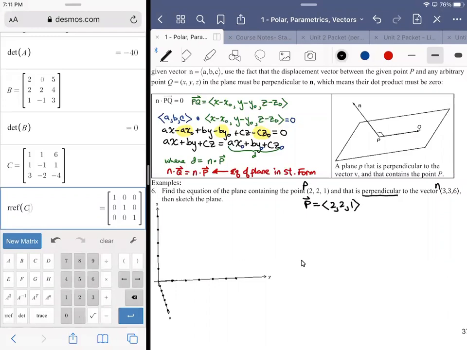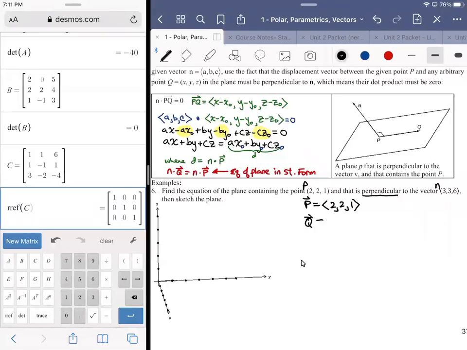All right, if I give you a point in space to create a vector, I find the displacement between that and the 0 vector. So 2 minus 0, 2 minus 0, 1 minus 0 gives us this displacement vector P of 2, 2, 1. All right, now the Q vector, that's the weird one. It's like, oh, well, where's point Q? Well, this is going to be an equation in general terms. So there's going to be an x, y, z built into it. So Q is just, we're going capital Q here.